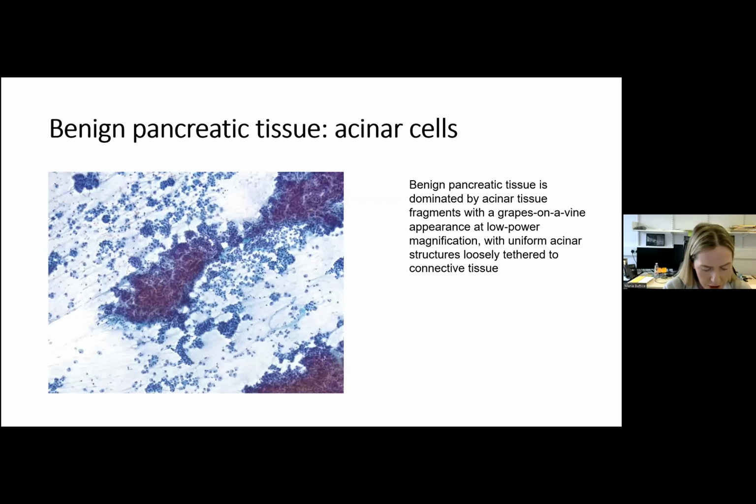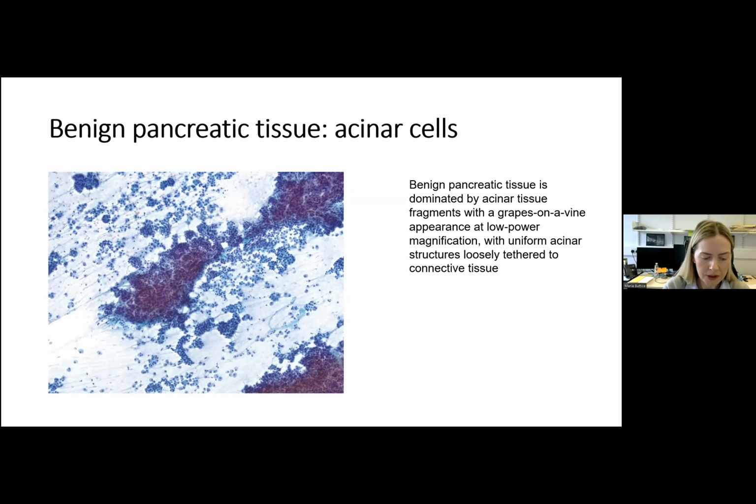Before I go through all the diagnostic categories, I would like to show you a few nice images of what benign pancreatic tissue looks like, because with our cytology preparations we will often see benign pancreatic tissue. By and large, pancreatic parenchyma is comprised of exocrine acinar cells, which we see beautifully illustrated here, and ducts. Often they're admixed and have scant connective tissue.